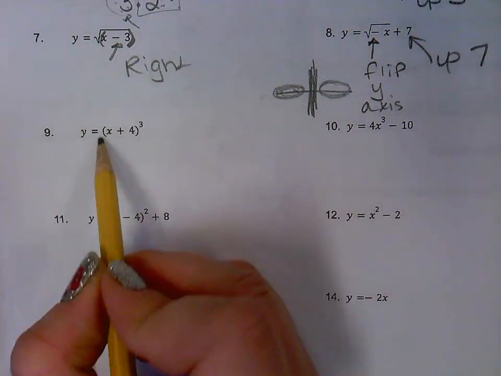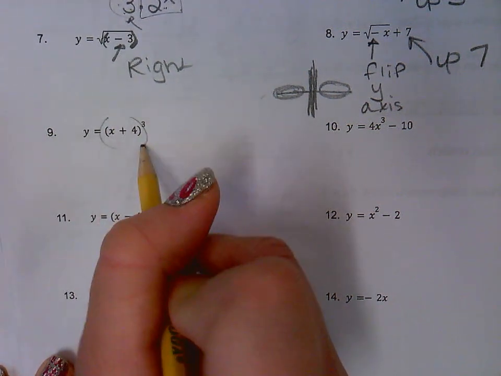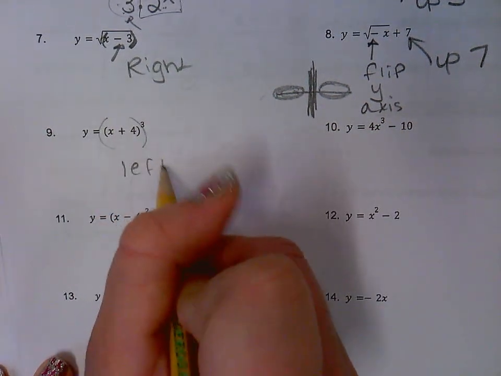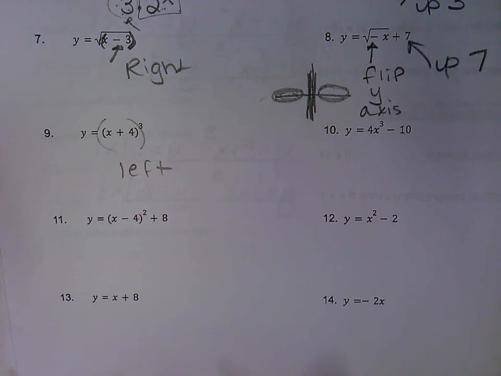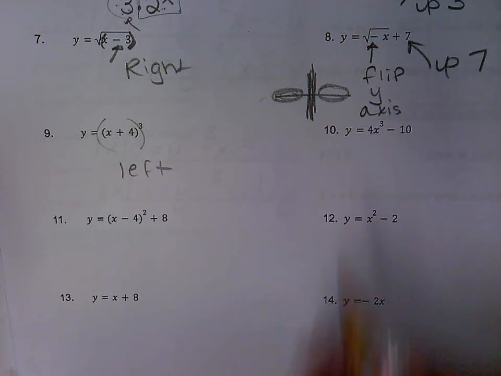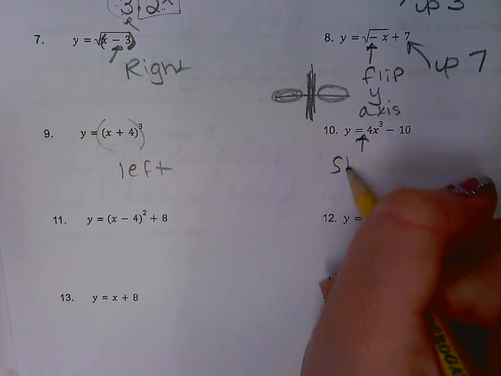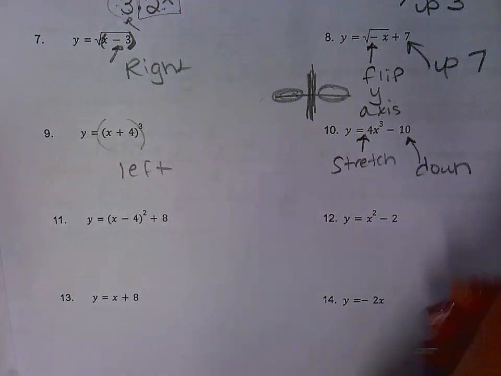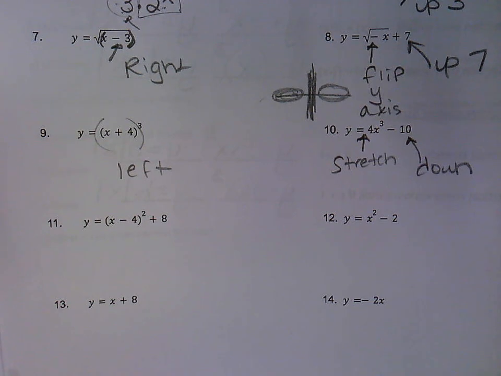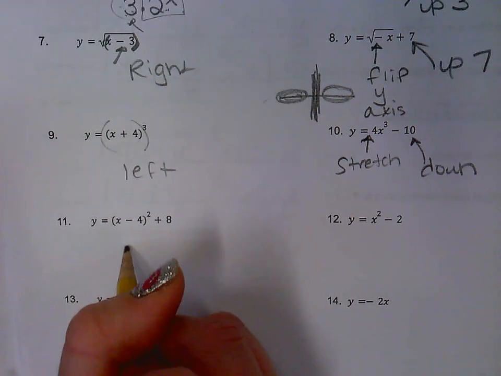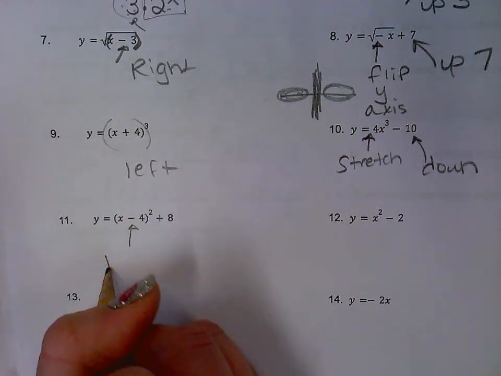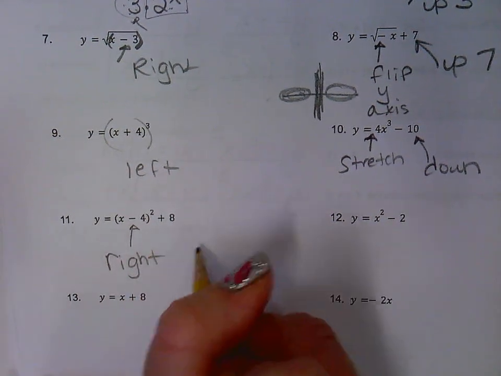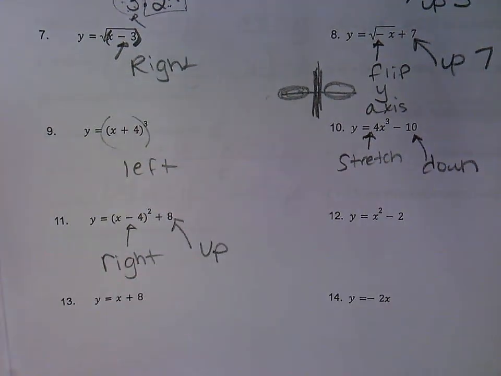This plus 4 is inside the function, so that goes to the left. Plus 4 goes to the left. This is a stretch because it's multiplied by 4. This is a down 10, minus 10 on the outside of the function. This is inside the function with x, so this is going to the right. And this is outside the function, so up 8.